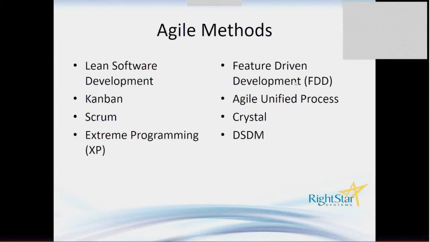Scrum is one that I'm more familiar with, as well as Kanban, and some of those may have open documentation, but there may be a cost for certifications. So for Scrum, for example, you can go to a 2-day course, and at the conclusion of the 2 days, you take an exam, and you are then considered a certified Scrum Master.